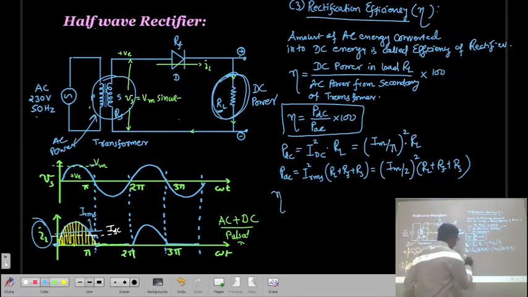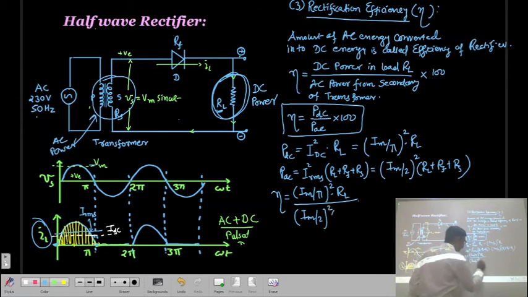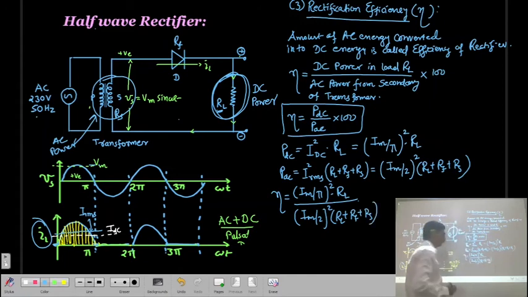So the efficiency is PDC by PAC. It is Im by pi whole squared into RL, divided by Im by 2 whole squared into RL plus RF plus RS. Im squared will be cancelled, and you have 4 by pi squared into RL divided by RL plus RF plus RS.